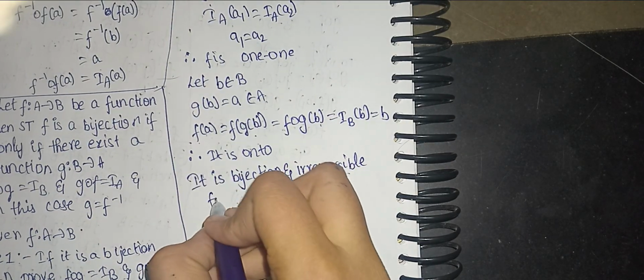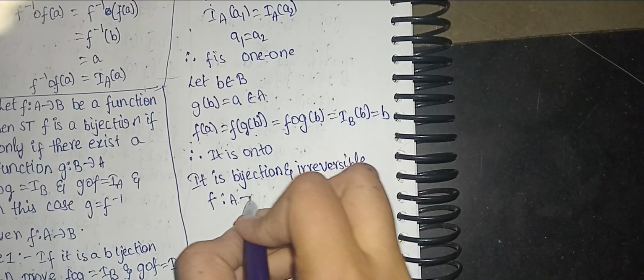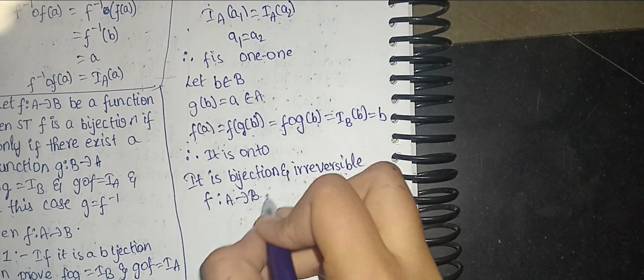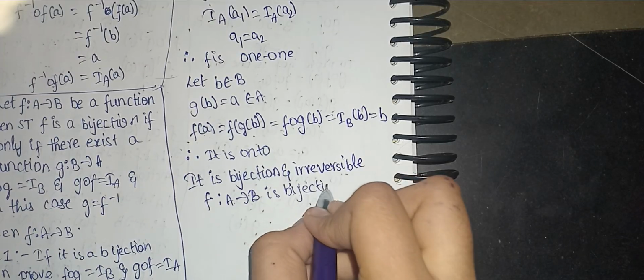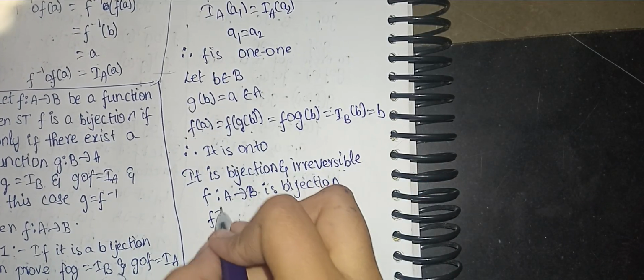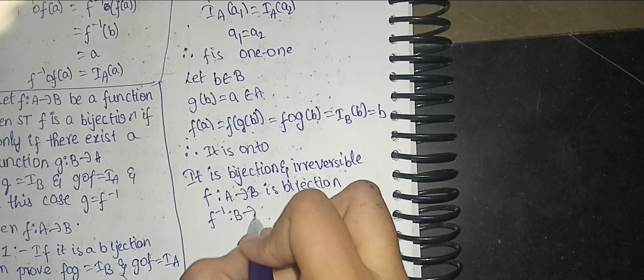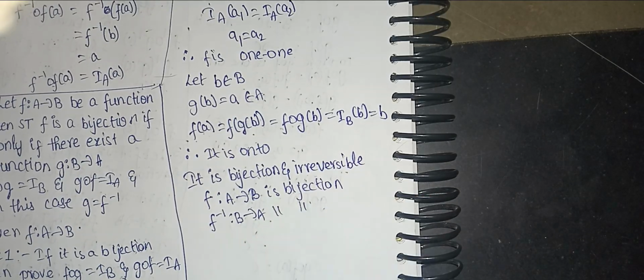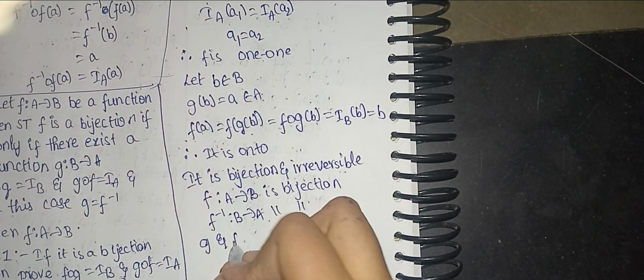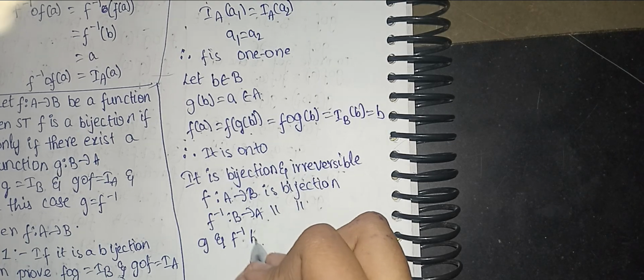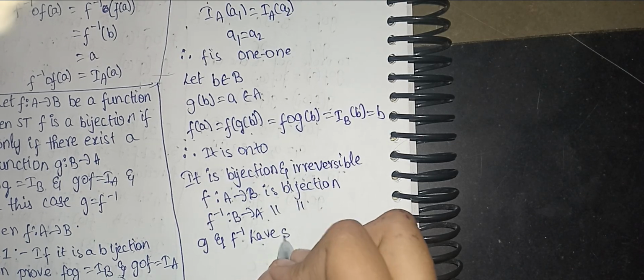If F of A to B is bijection, F inverse B to A is also bijection. Correct? G and F inverse have same domain.